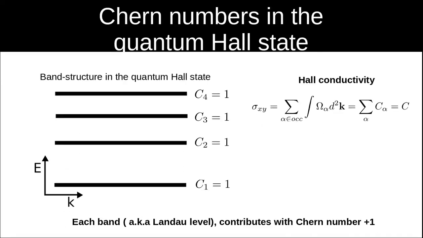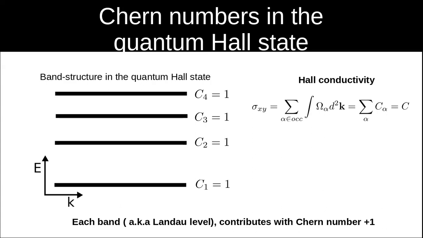And in particular, this Chern number appears very naturally in the case of the quantum Hall state. The quantum Hall state is effectively what you obtain when you have a two-dimensional electron gas and you apply a perpendicular magnetic field.